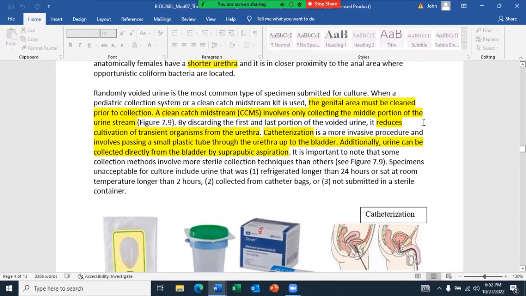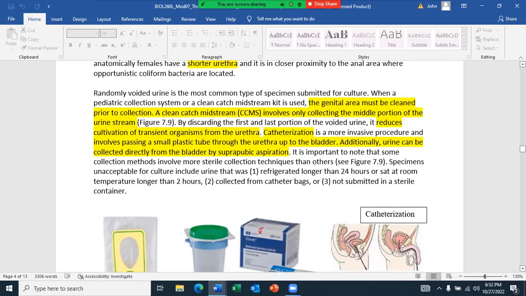In clean catch midstream, you clean the genital area before the patient voids the urine, and then you catch the urine for the specimen in the middle portion of the urine, and that's to get it cleaner, because when you're urinating, it goes through the urethra, which has many bacteria in it. And so we do a clean catch midstream just to reduce the bacteria that you get from the urethra.